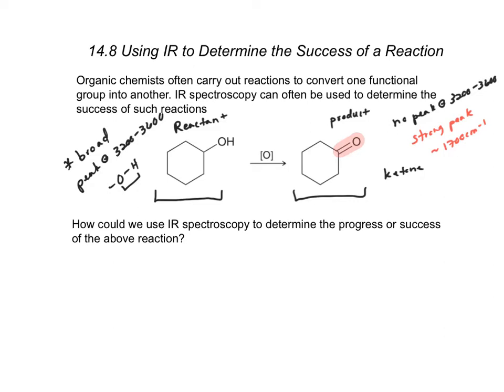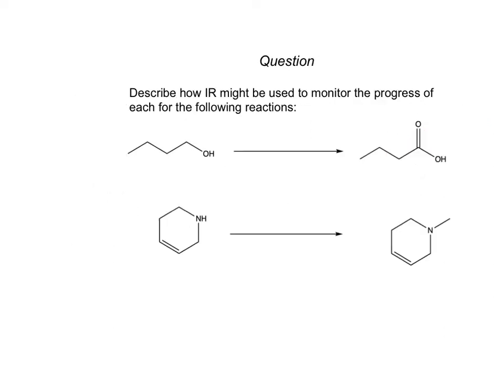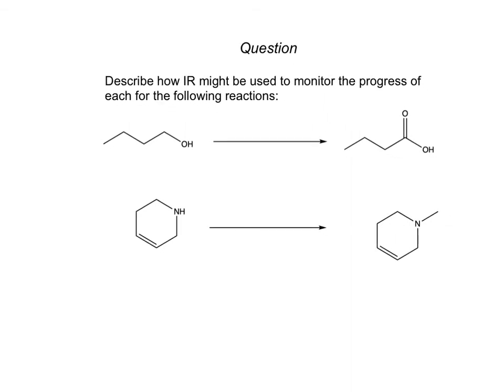Briefly, with the time remaining, I want you to do that. I have two reactions where I want you to tell me how you would use IR spectroscopy to determine the success of these reactions. We're looking at what you would expect to see in the reactants that's different in the products.